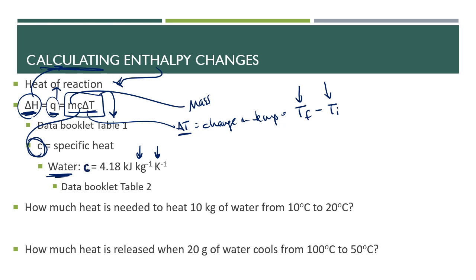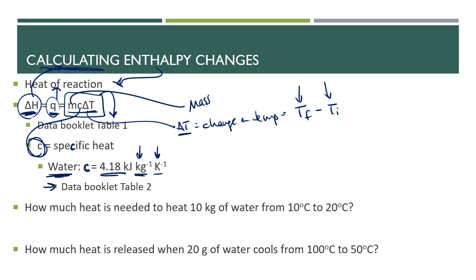We refer to it as c, which is weird. I mean, there is a c in specific heat, but okay. So c is specific heat, 4.18 kilojoules per kilogram per Kelvin. 4.18 kilojoules of energy is needed to heat 1 kilogram of water by 1 Kelvin. This constant is given to us in data booklet, table number 2.